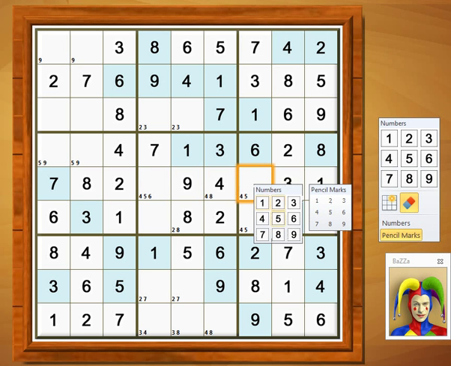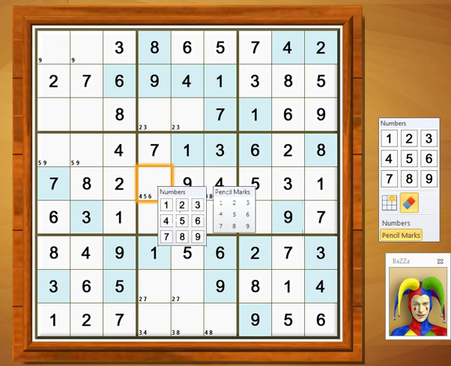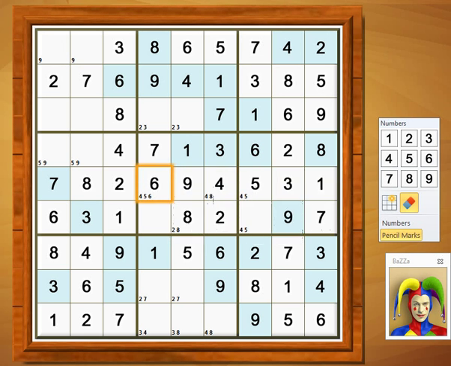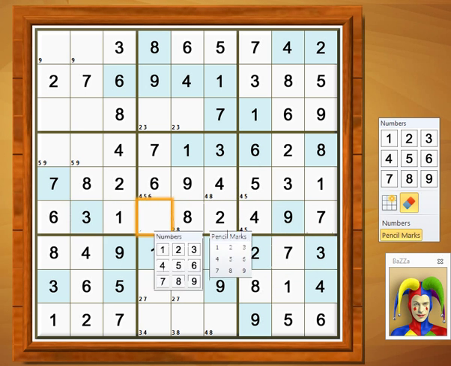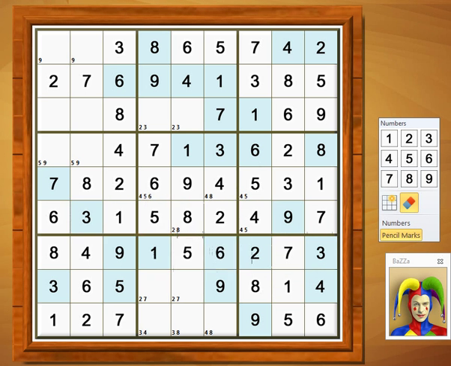So this 4 here will become a 5. So this will make this one the 6. Because that's the 5, that has to be the 4. 1, 2, 3, 4, 5. Okay, so we'll tidy these up. Take out our pencil marks.